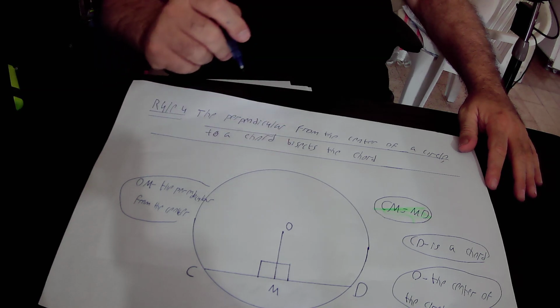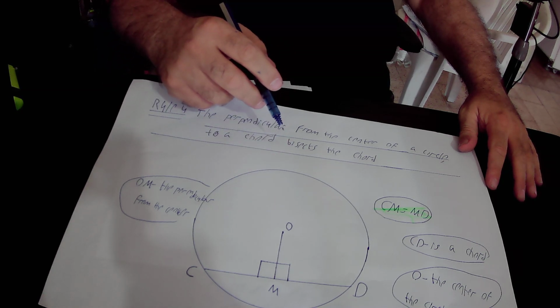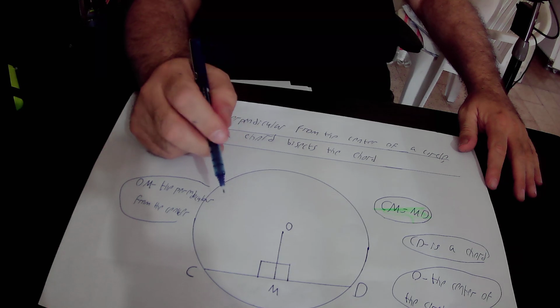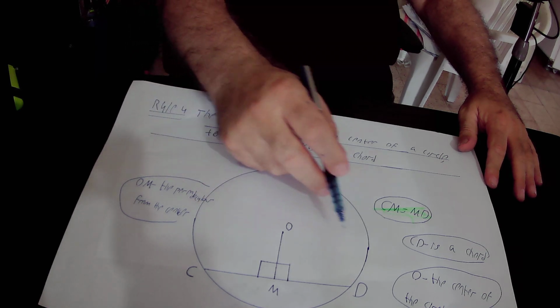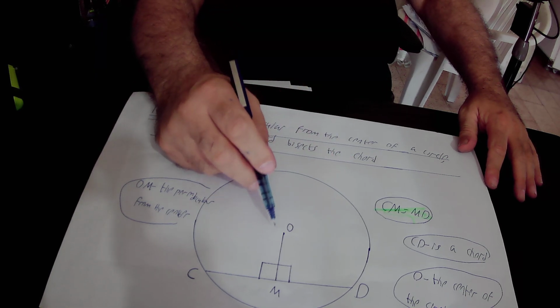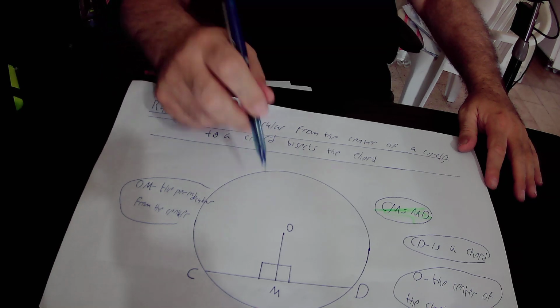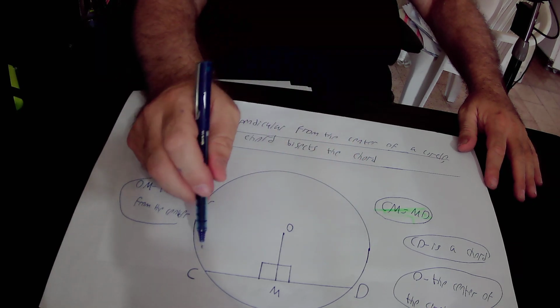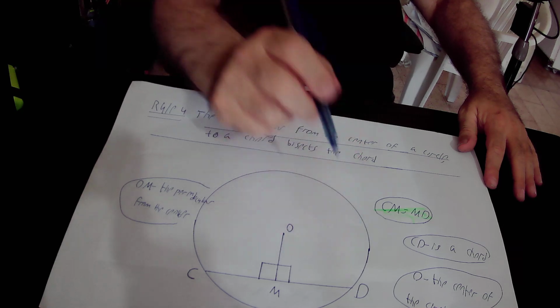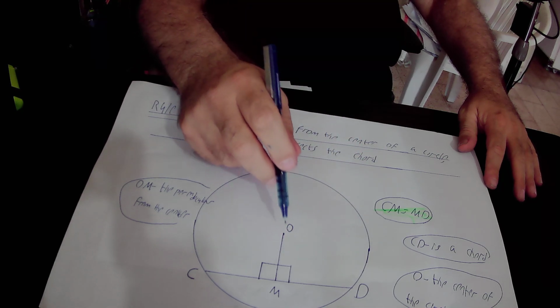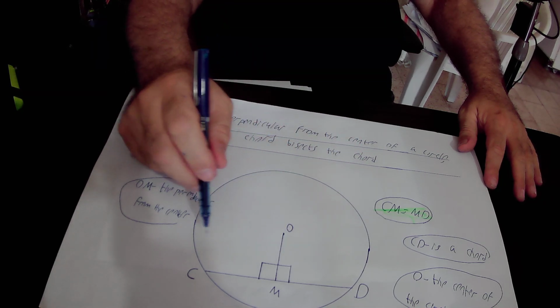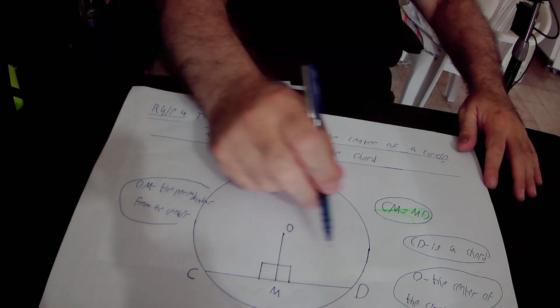O is the center of the circle, the perpendicular from the center of the circle is OM, and the chord is CD. So the perpendicular OM, according to rule number 4, bisects chord CD. That is to say, CM equals MD.